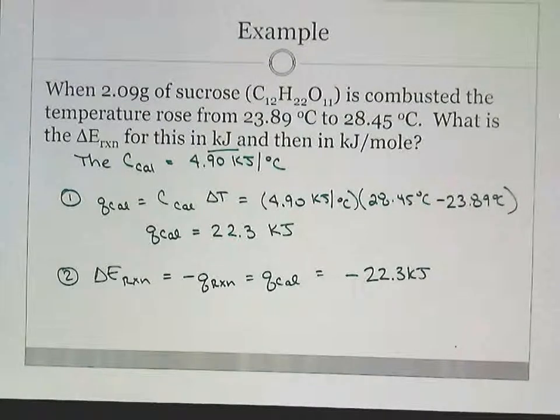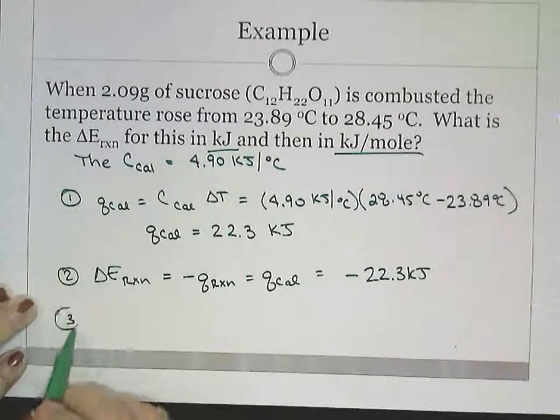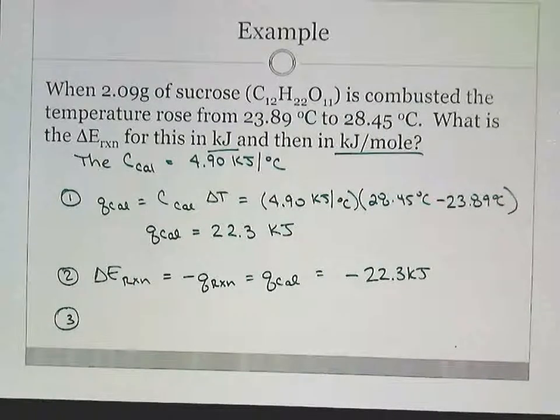All right, so I'm in kilojoules here. The third part is I want kilojoules per mole of glucose. So how did I figure out how many moles of glucose I had? I have to use the molar mass. How do they go about figuring out the molar mass?